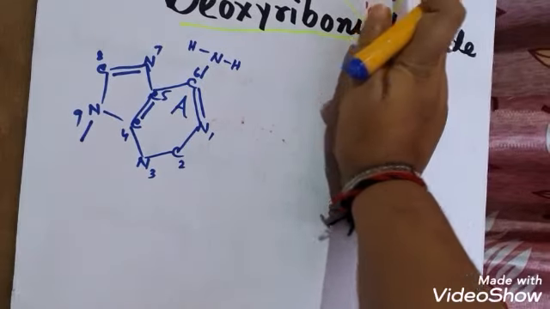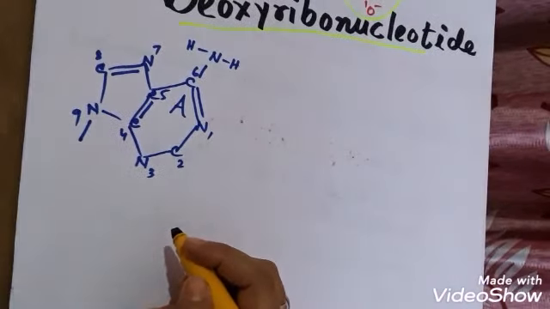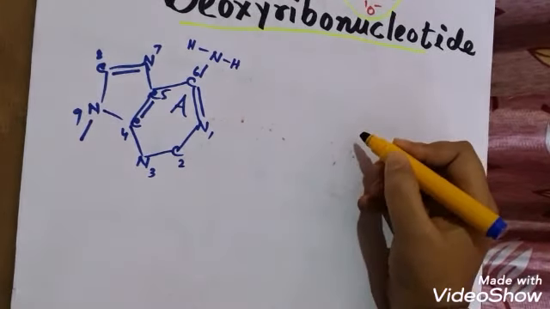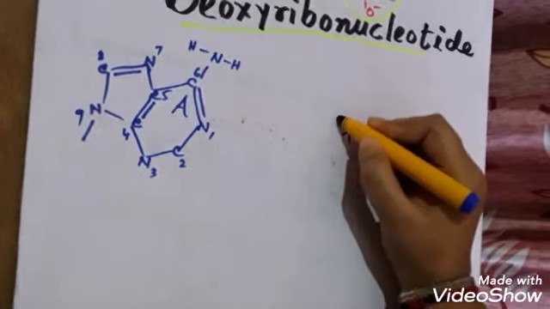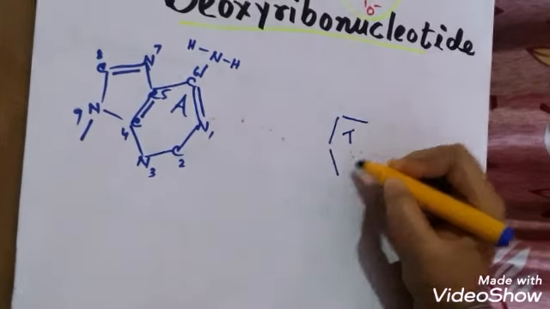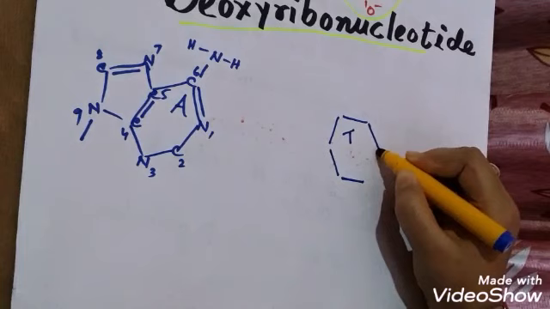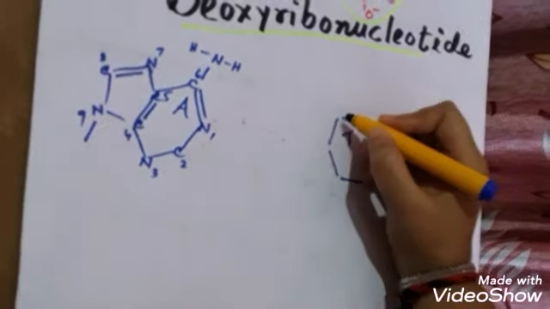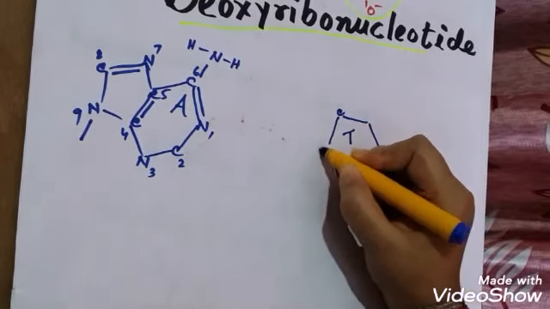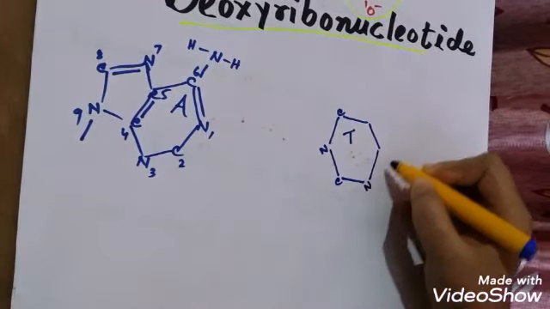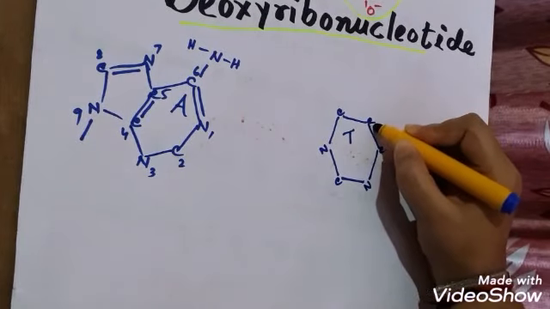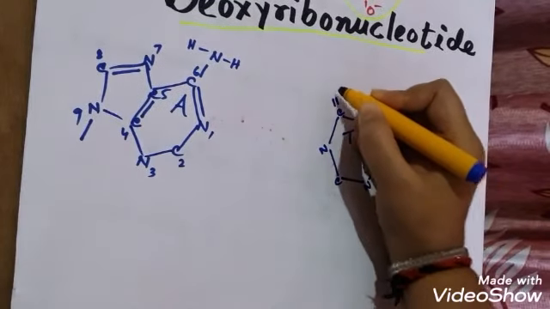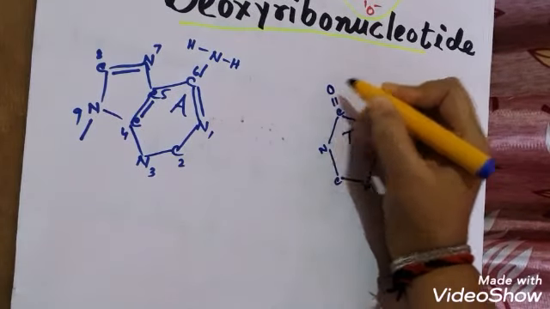Now we will place a thymine for bonding with adenine. This is a heterocyclic structure of a single ring. C, N. The bonding pattern will be similar, and we will add a keto group on that position.